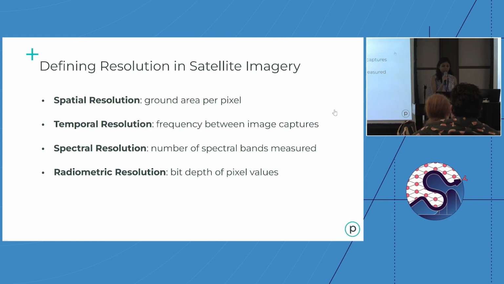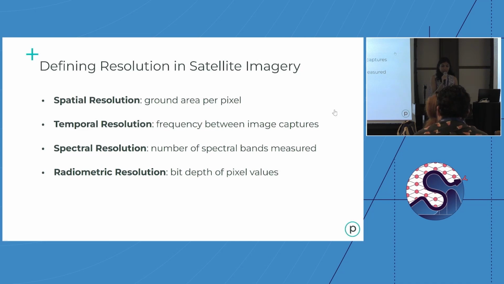Say we're looking at a picture of a beach. Spatial resolution is how much area on the ground one pixel covers. So for example, you might say, okay, 1 pixel on this image covers a 3 by 3 meter area on the ground. And so your spatial resolution would be a 3-meter spatial resolution.